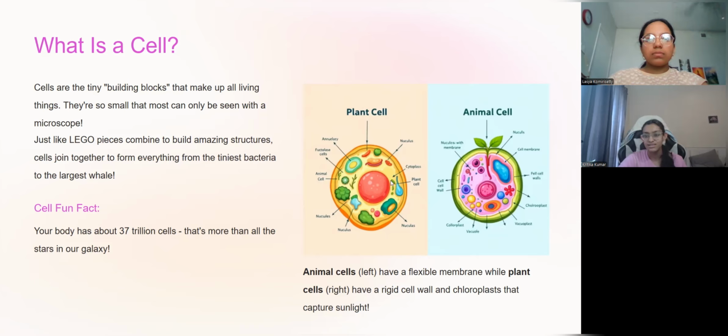Wait, the labeling is wrong. Don't focus on the labels. The one on the right is your plant cell, and the one on the left is your animal cell. You can notice how the plant cell looks more rigid and has a structure that isn't flowy, unlike animal cells. And plant cells also have chloroplasts that help them capture sunlight, which helps them in the process of photosynthesis.